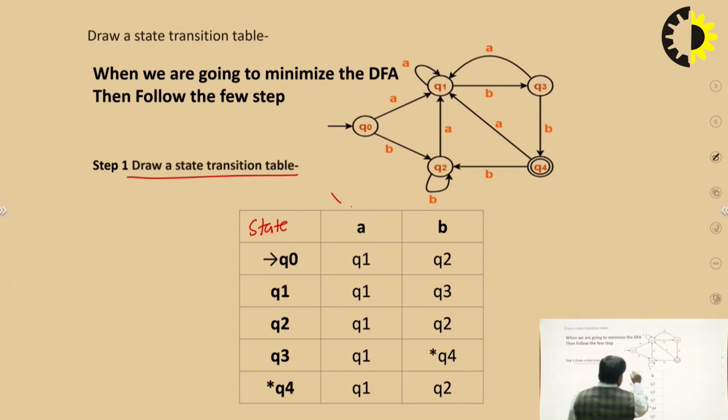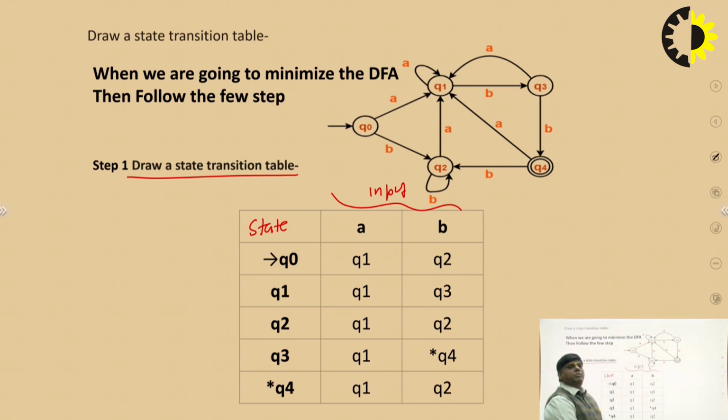The transition table is designed with the help of two things, the set of inputs and the states. Now on Q0, if we give the input A, then we move to Q1.